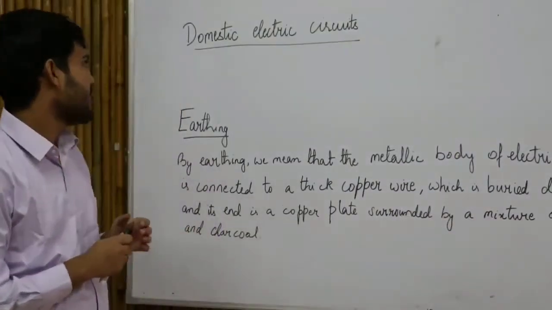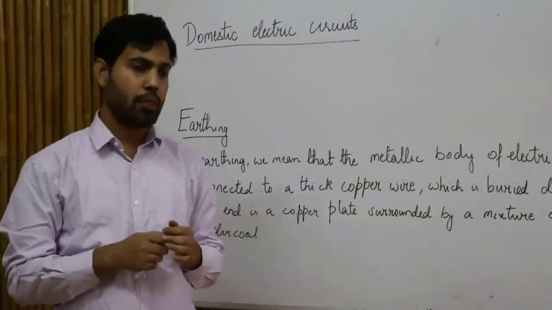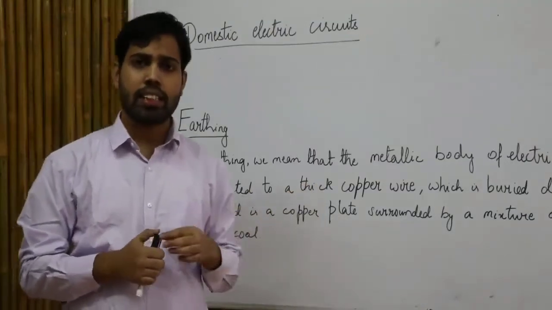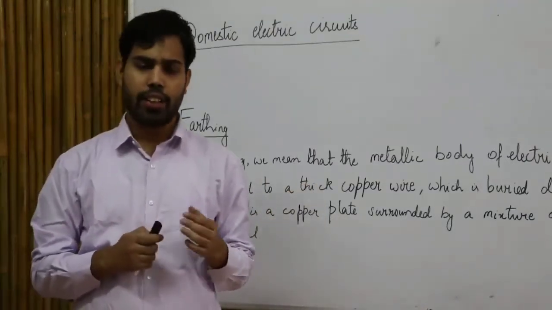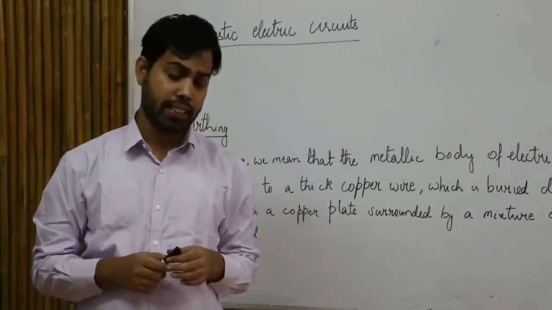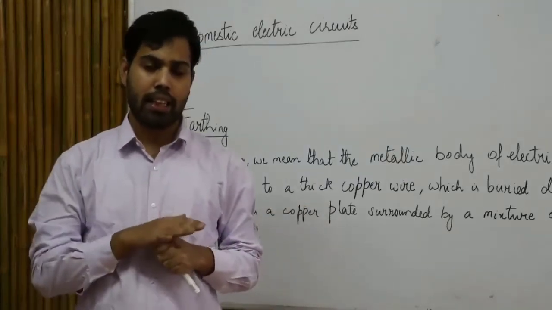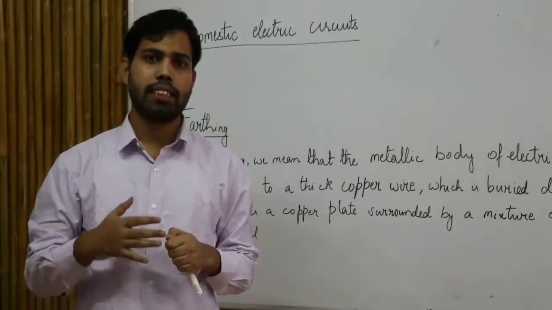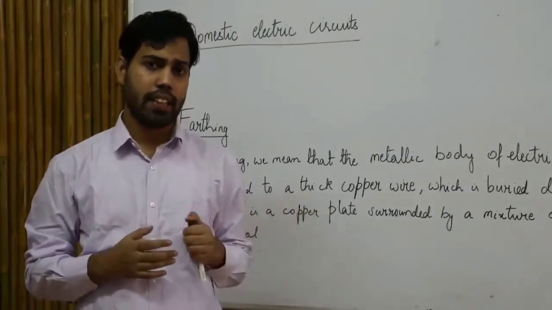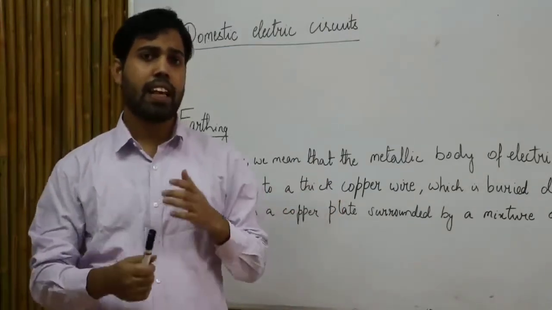Okay, so now we'll be looking at domestic electric circuits. We have talked about many electrical devices in the previous chapter as well as in this chapter. There are certain devices like electric heaters and electric irons, which we need to touch with our bare hands. These devices are usually properly insulated, but if for some reason the insulation is damaged, the live wires come in contact with the metal casing of these devices, which makes this metal casing possess a very high potential.